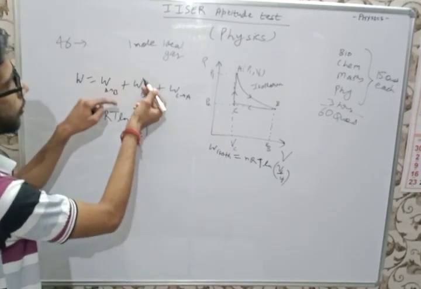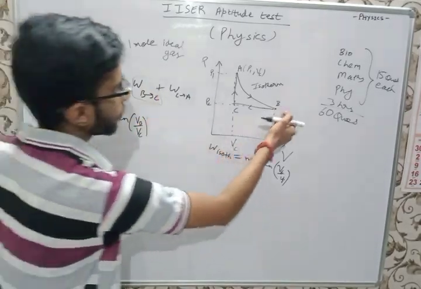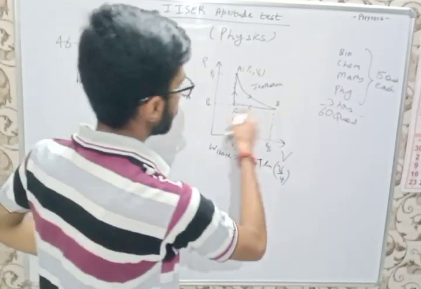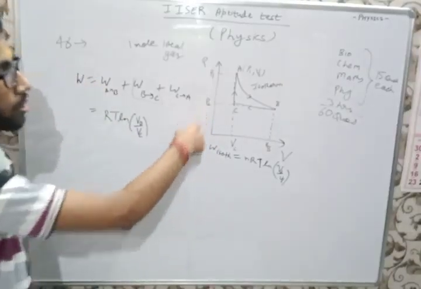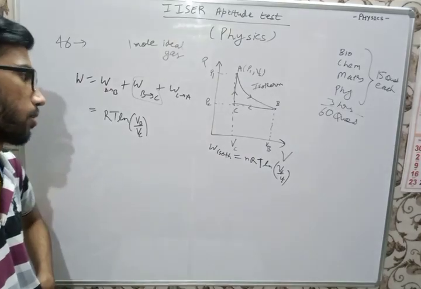Now W B to C. In the process B to C, pressure remains constant. It is an isobaric process.